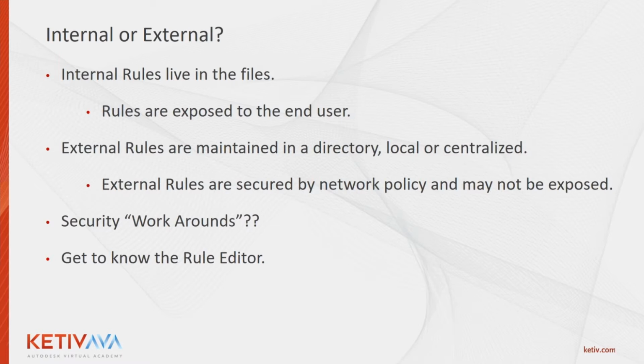You may have some sort of business policy or network policy that might be able to expose those, and you may be able to prevent end users from being able to access that information through Active Directory folder policy or security. Okay, so external rules are not stored inside of the files themselves. They're stored centrally or out on the network somewhere, and then you can create a whole series of different rules that do very specific things.